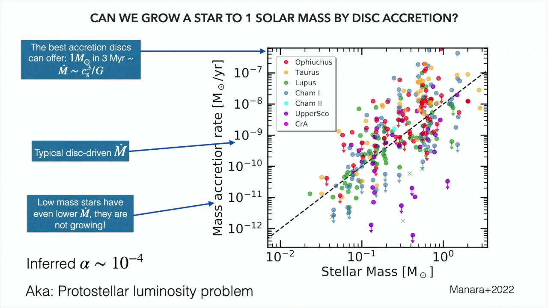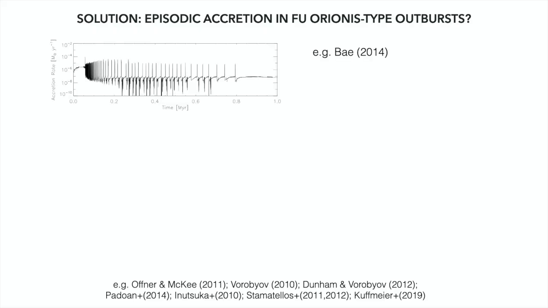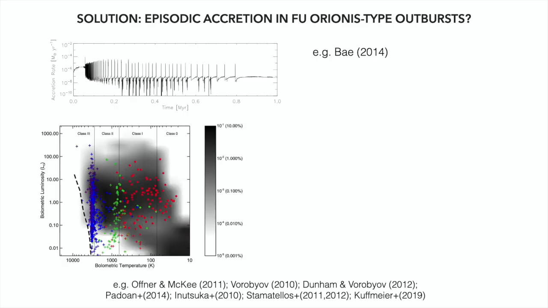So the accepted solution is that accretion is not steady, and you don't just accrete at some constant rate for a long time, but you accrete in a bursty way. So what's the bursty mode in stars? The most outbursty thing we observe is something known as FU Orionis type outbursts, which I'm going to discuss in a minute.